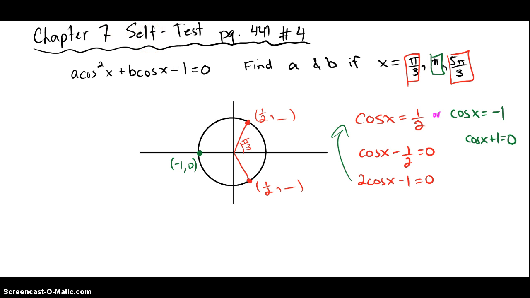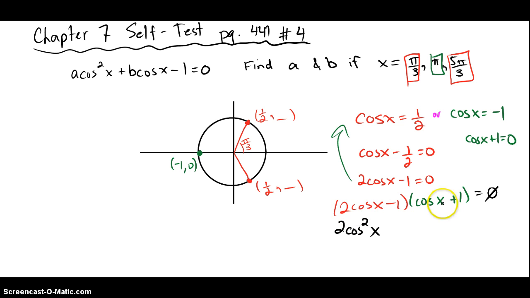So now I can take these and multiply them together. So 2 cos x minus 1 times cos x plus 1, and that's equal to 0. Okay, so now I just need to expand these. 2 cos x times cos x is 2 cos squared x.